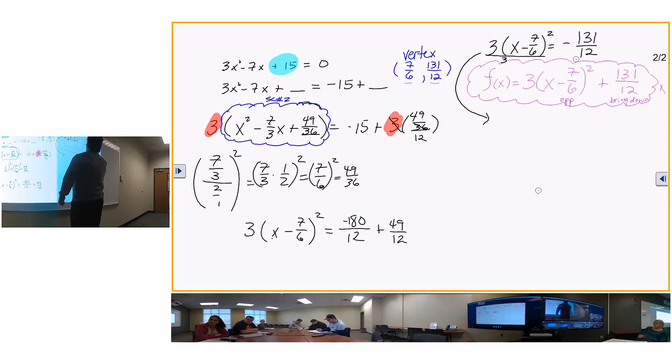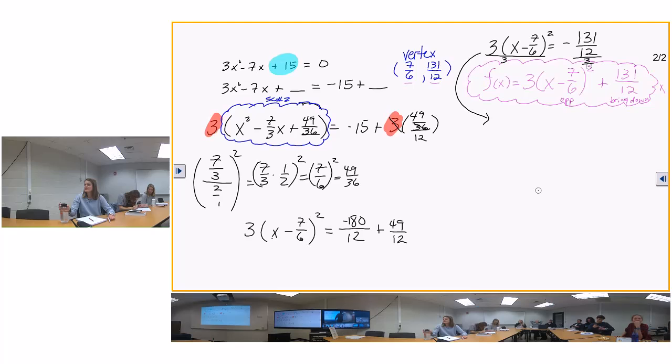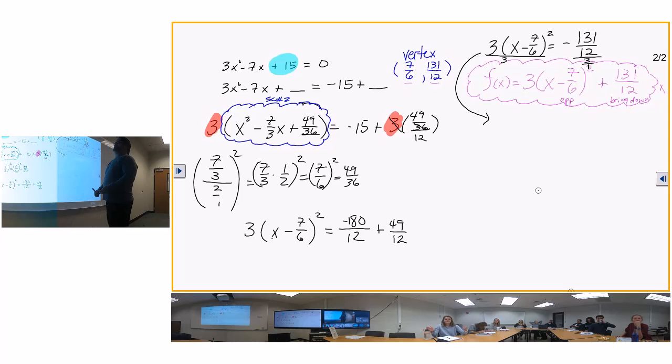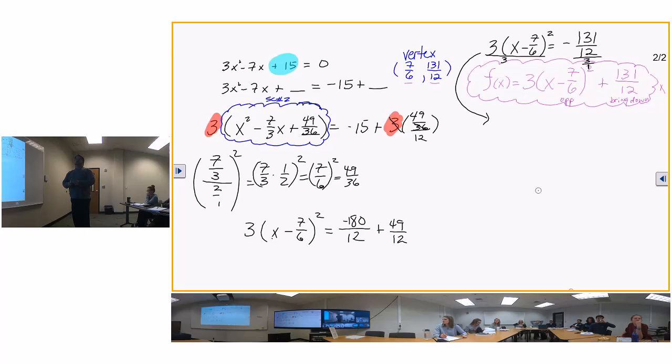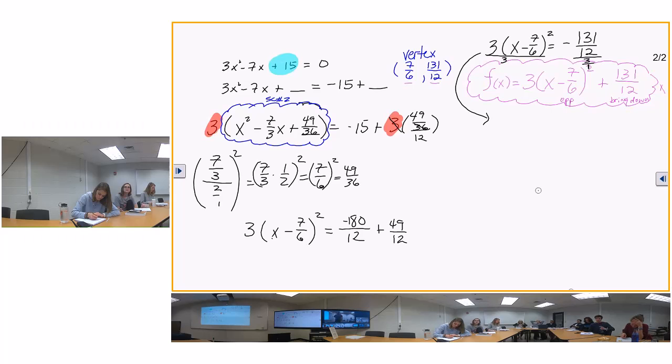Hubert, can I ask a question real quick? Yeah, I have a feeling I know what it is. Go ahead. In magenta, did you say that was standard form? Yeah, standard form or intercept form.